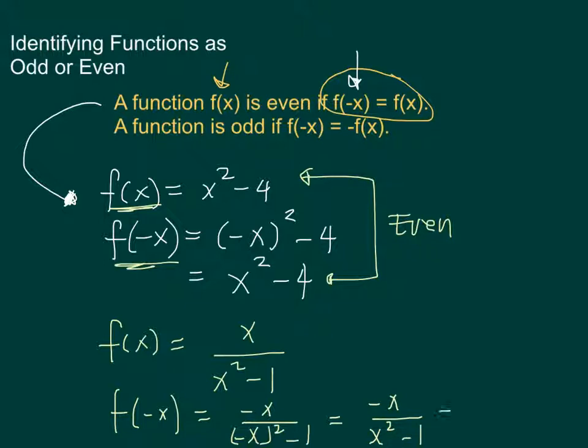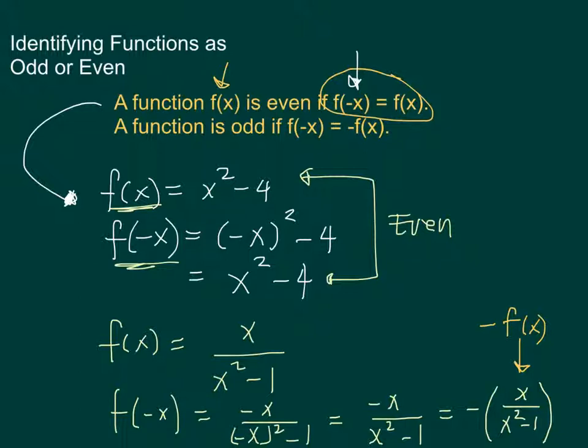If you can see, this is the same as negative of x over x squared minus 1. But what is x over x squared minus 1? This is basically your f of x. So negative of x over x squared minus 1 is equal to negative of f of x.